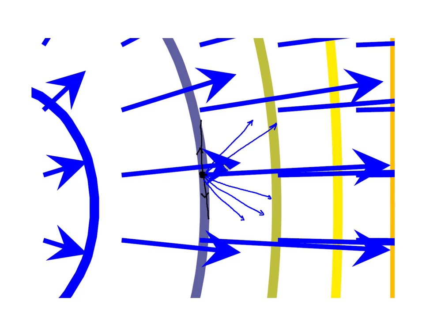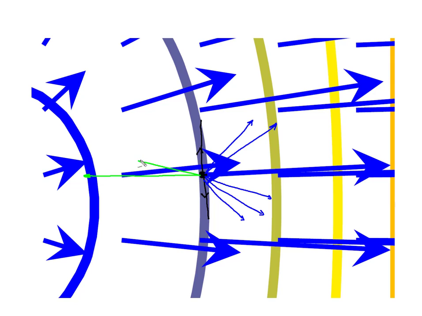And this will be the case as long as the angle is larger than minus pi over 2 and smaller than pi over 2. If we now take a direction that corresponds to theta equal to pi, we'll have a direction that is opposite to the gradient and we'll have a direction of steepest descent.